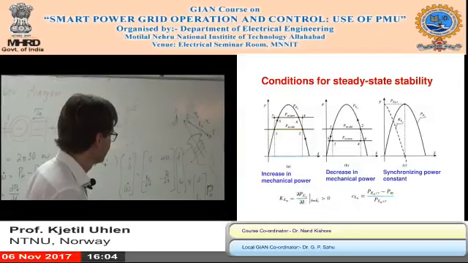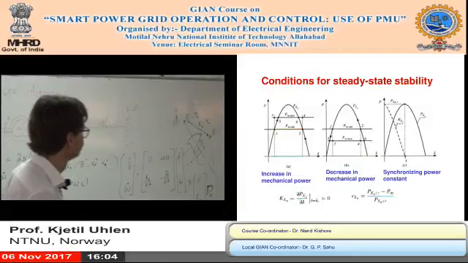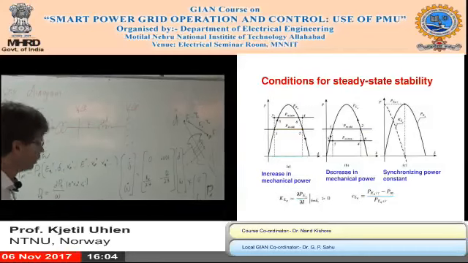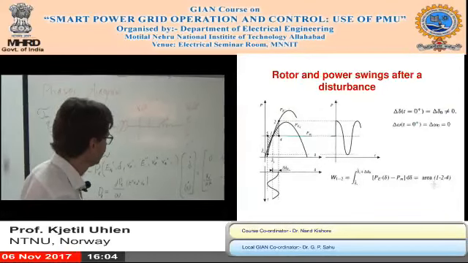And we will also see very quickly that it's not an option to be on this side. That will be an unstable equilibrium. And any sort of motion then, any disturbance will make the power and the angle oscillate around this equilibrium, right?